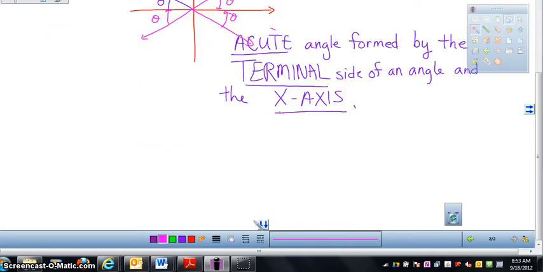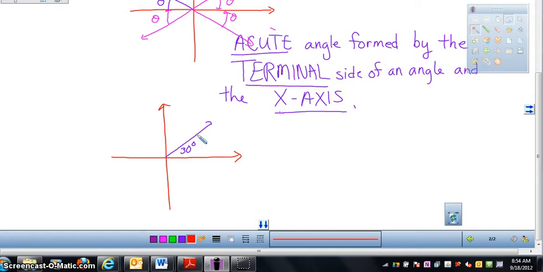What we're going to do is find some reference angles. So I'm going to draw a 30-degree angle. There's my 30-degree angle. What's its reference angle? Well, first quadrant is easy.